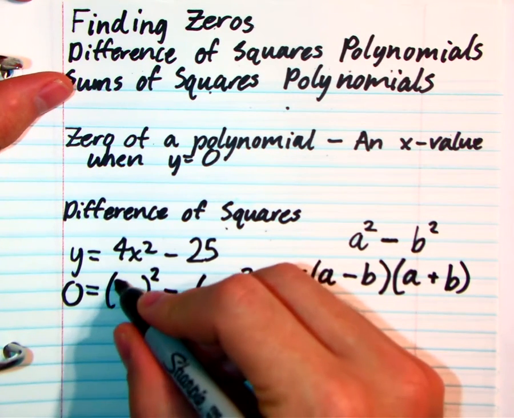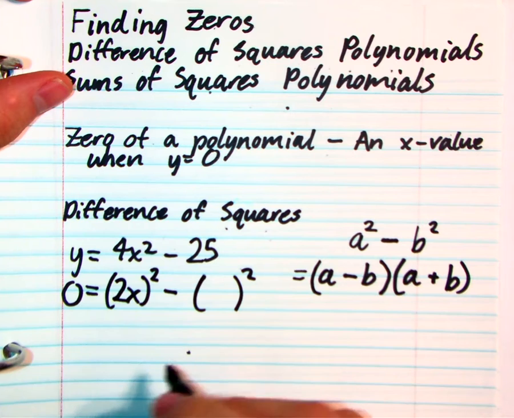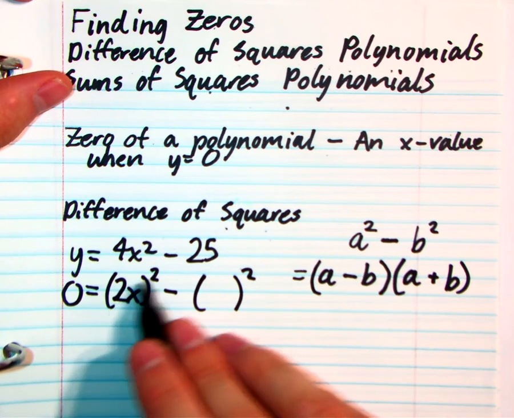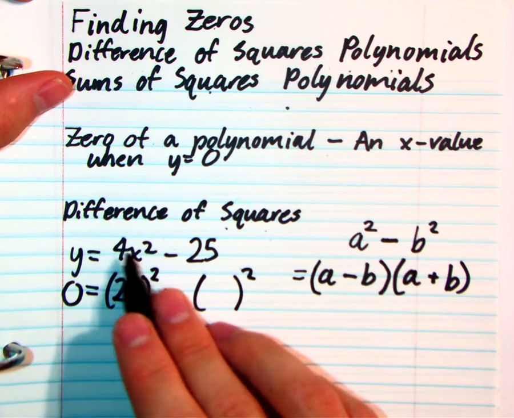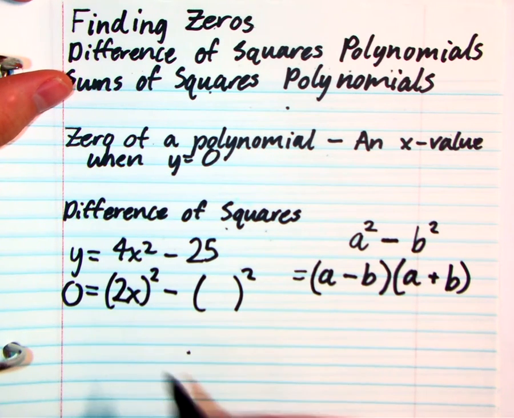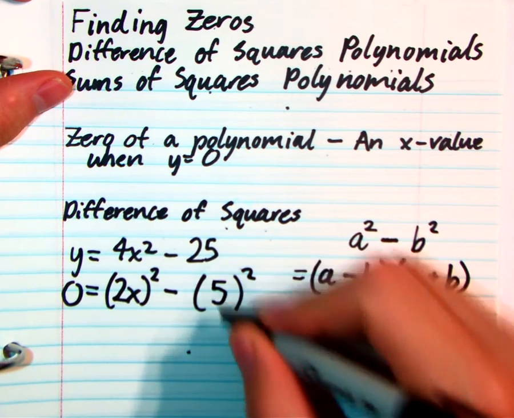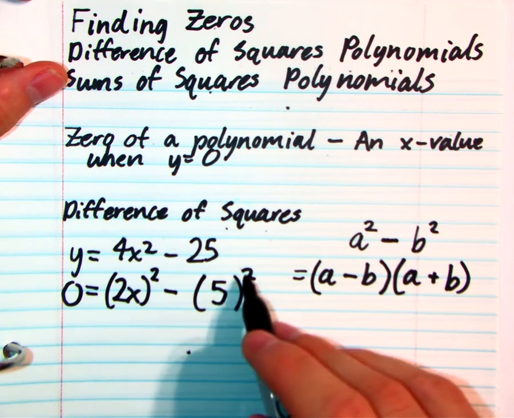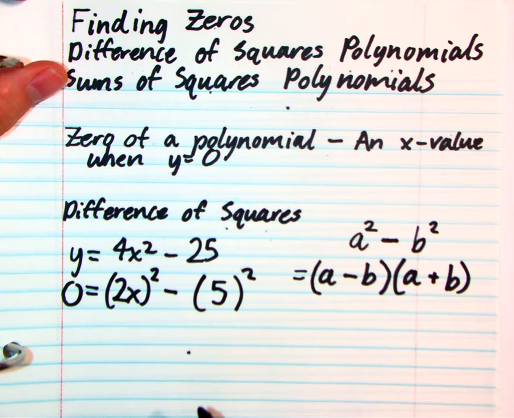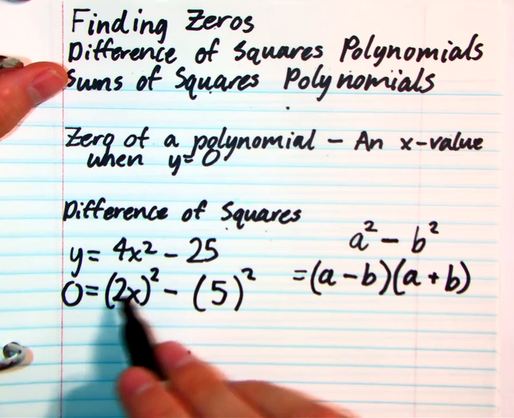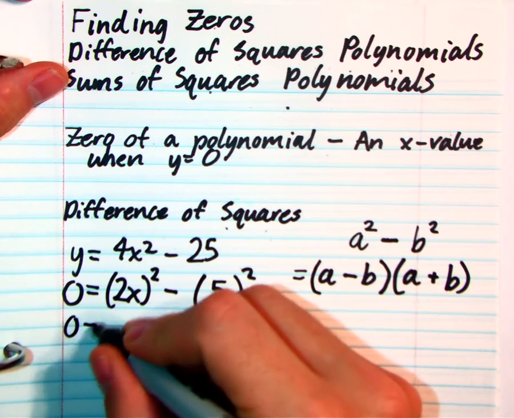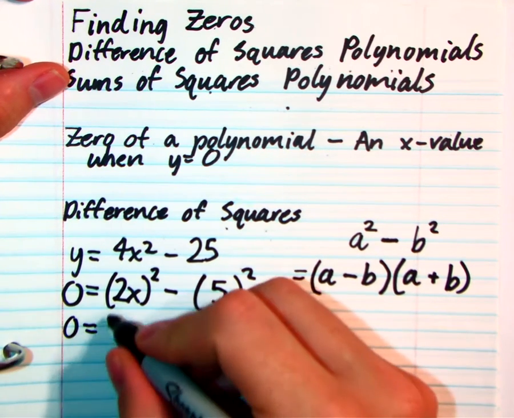Well, I can pretty easily see that 2x is the number that would have to be squared to make 4x squared in my first term. In the same way, 5 is the number that would have to be squared in my second term to make 25. Now that I've figured out my a and my b, I can just plug those into the formula.